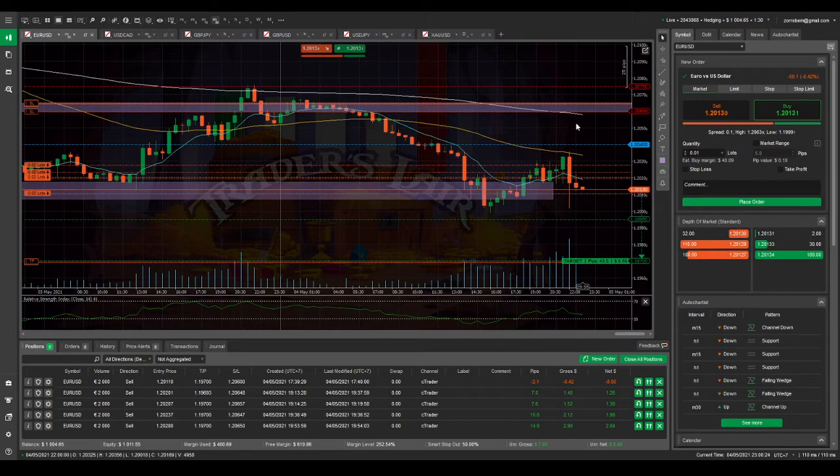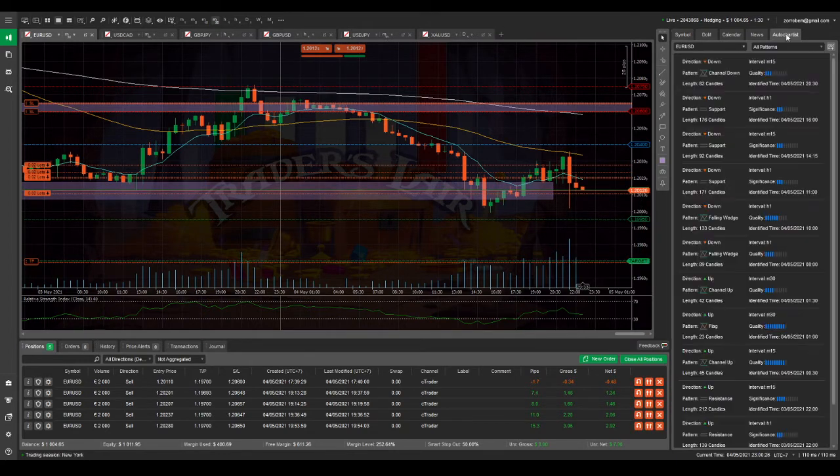It goes the other way. They also have Auto Chartist. A lot of indicators say it's going down, a lot of indicators say it's going up, so you can't really trust it. Like this one, it was saying it was going to go up, but obviously it went down.